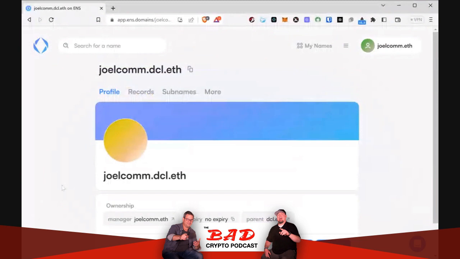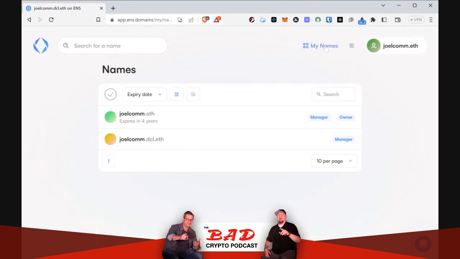So DCL, I believe that is the Decentraland domain, where people on Decentraland are able to use ENS addresses. Well, there you go. I did not know that. Would I have set that up, or would they have assigned that to me just by connecting the wallet? I think you would have to set that up after you create your Decentraland account.